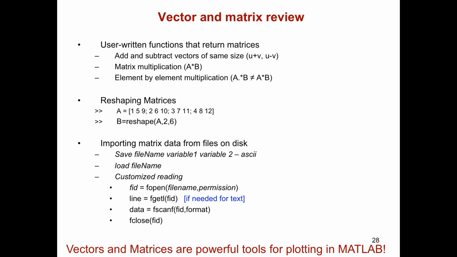We can also reshape matrices, so as long as I have enough elements, I can restructure my array and give it a different shape for different applications. Reshaping specifically is useful for input data. It's nice if I name my input zeros or ones or random numbers, but often I have data, you send me the data that you want me to use in my model, and I have to be able to read that data in, manipulate it, understand what it is, and then use it in my algorithm.